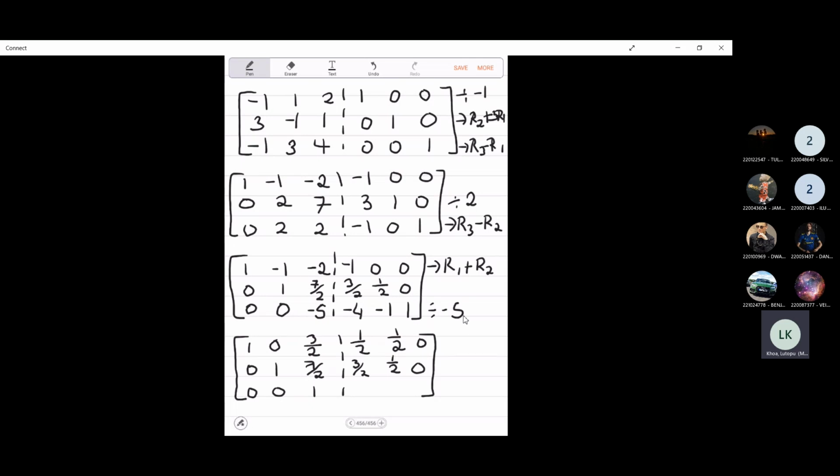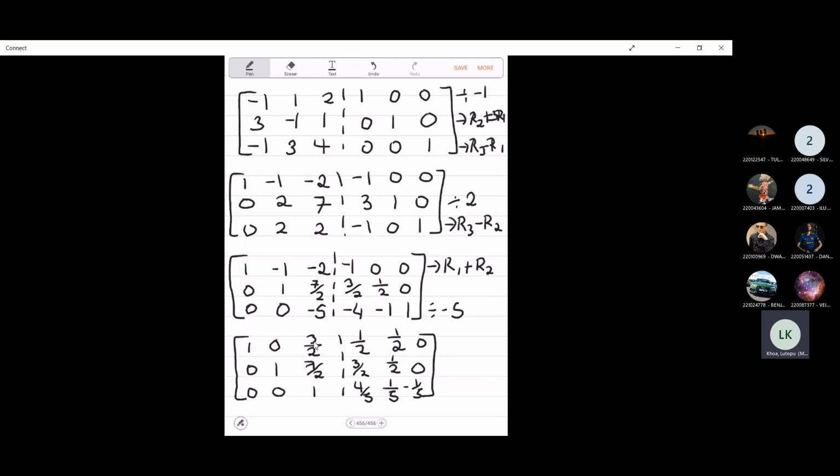This is positive 4 over 5. Then -1 divided by -5. This is +1/5. And then 1 divided by -5. This is -1/5.